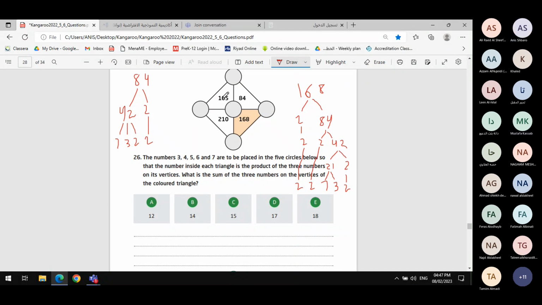And continue. 105. 105, it can be divided as 60. No, 55. 55 times 2, for example, is 110. Okay, test the number.